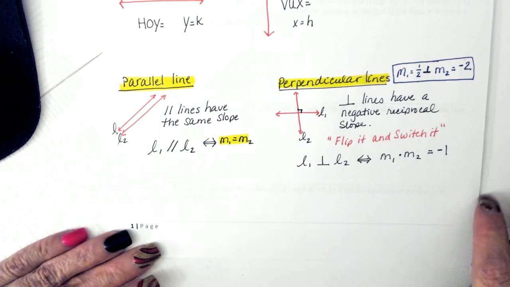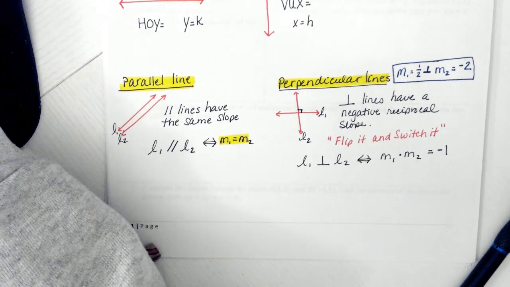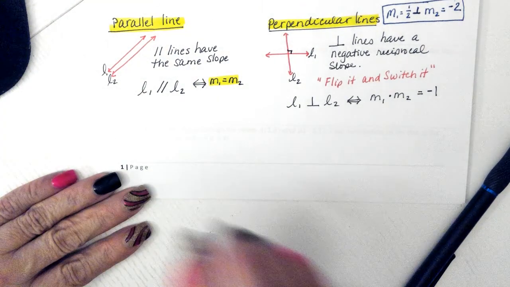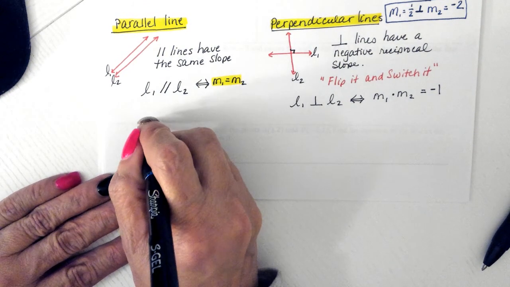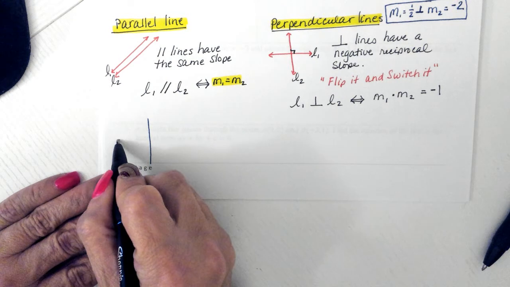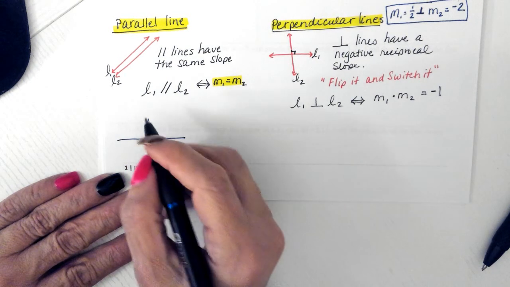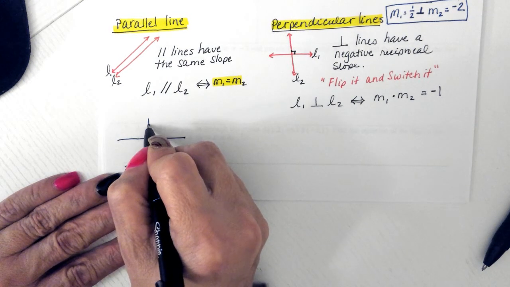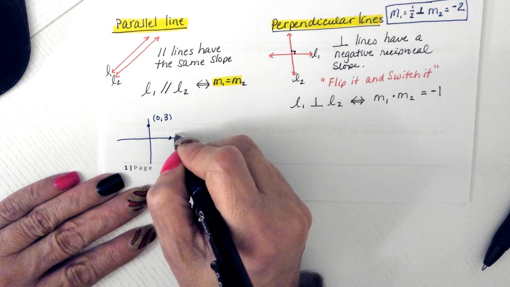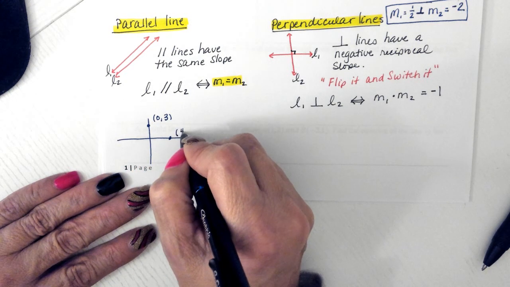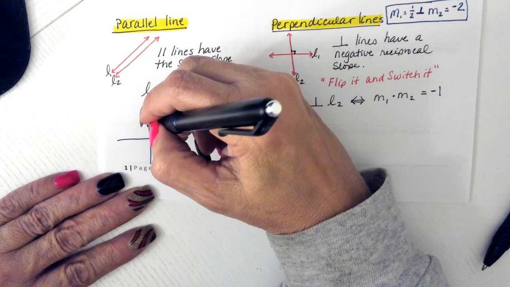All right, let's actually take a whole example through one of these. I think I can make this work. So here's what I'm going to do. I'm going to come down here and put a point right here. I'm going to call that 0, 3. And I'm going to call this point here 4, 0.